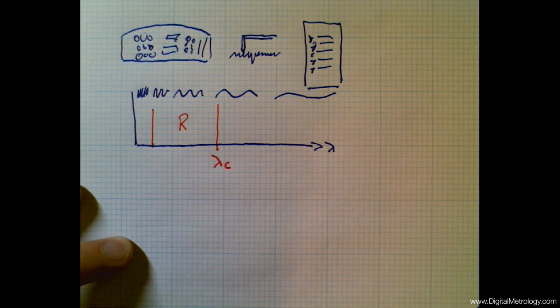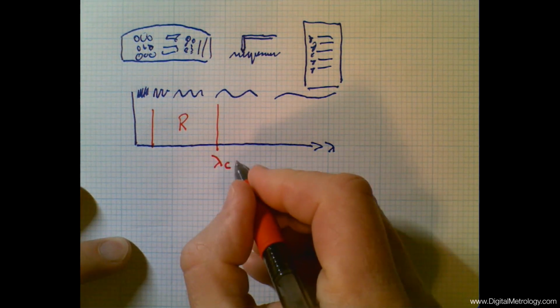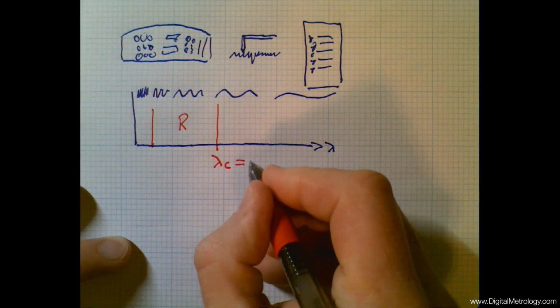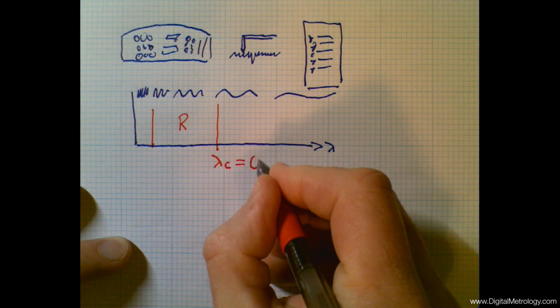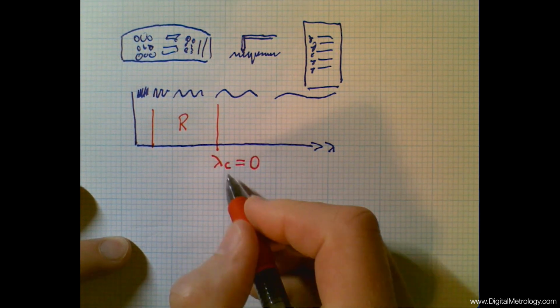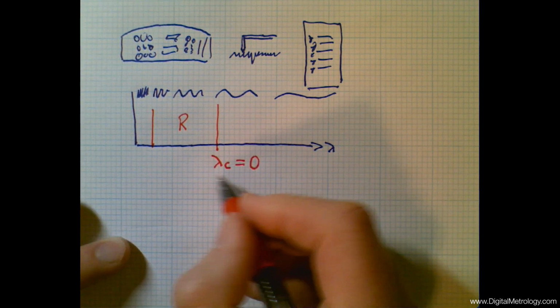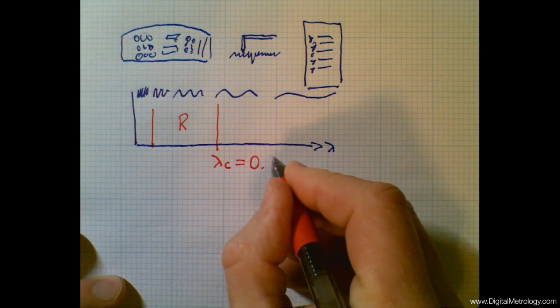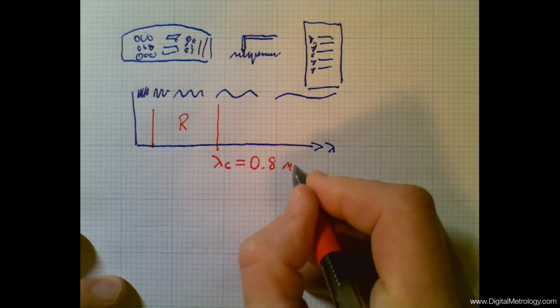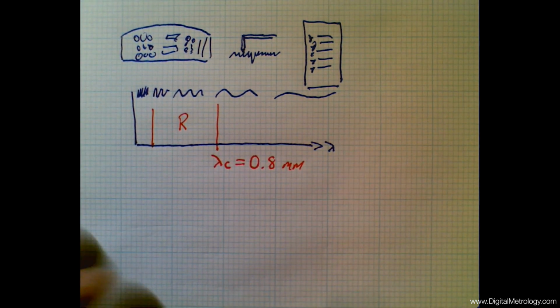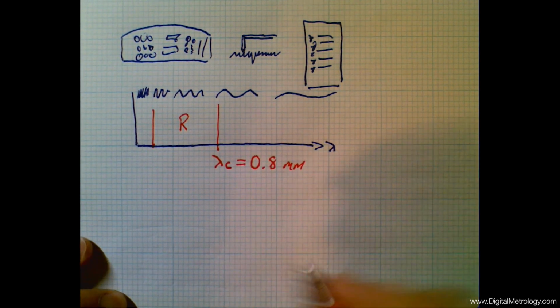Lambda for wavelength, C for cutoff, and in most cases, most machined surfaces, you'll need to look around in your menu and find a roughness cutoff, a lambda C, or a cutoff wavelength, and it's typically going to be 0.8 millimeters in normal machining, grinding, turning, honing, those kinds of things. 0.8 millimeters is the most common.